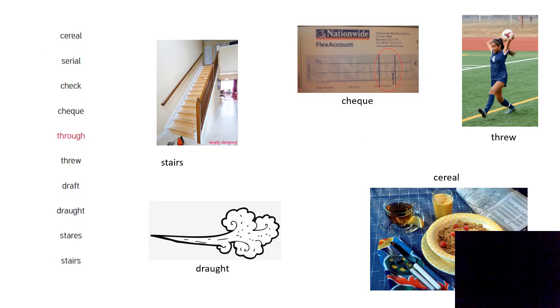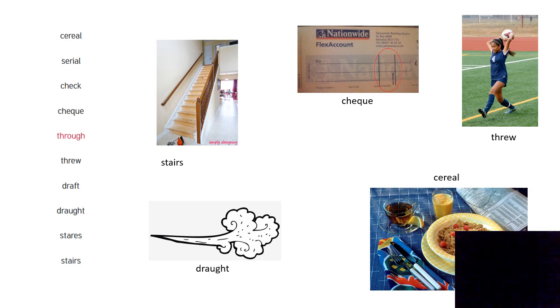Year 4 spellings, you're focusing on something called a homophone. And a homophone is when you have two words that sound exactly the same. So things like cereal and serial, check and cheque, through and threw, draft and draught, stares and stairs. They sound exactly the same, but they have two different meanings and they have two different spellings.